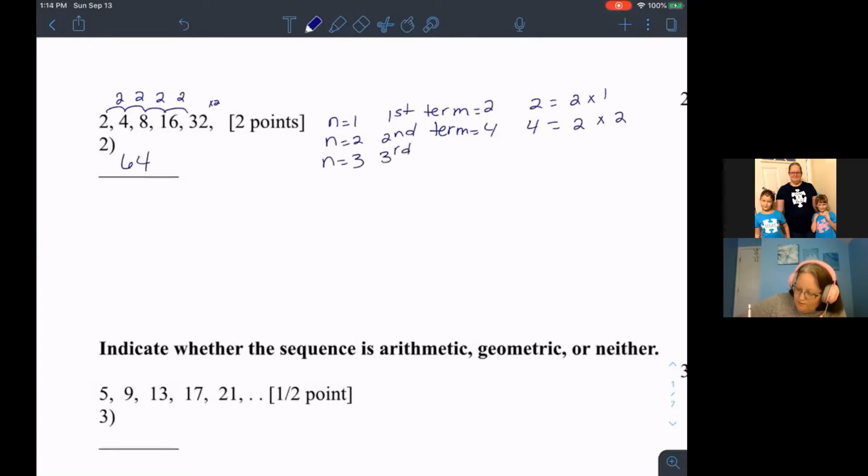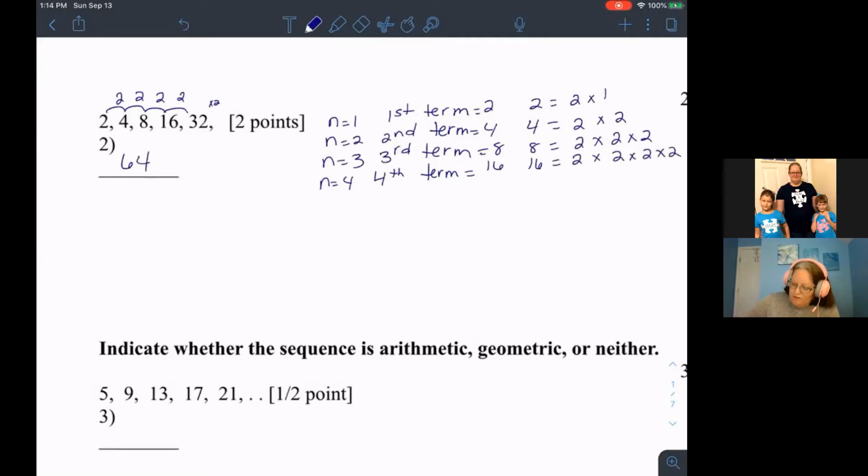Our third term gives us 8. 8 is equal to our starting term times 2 times 2. Our fourth term is 16. So 16 is equal to 2, our starting term, times 2 times 2 times 2.